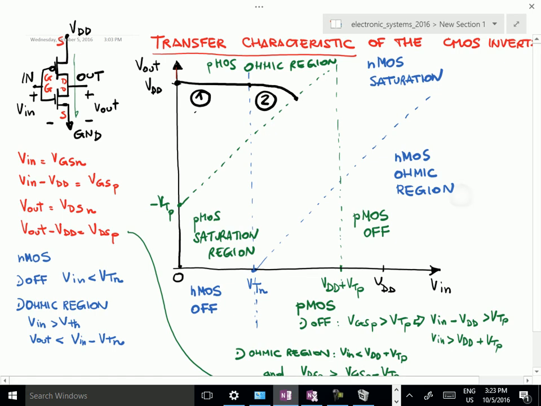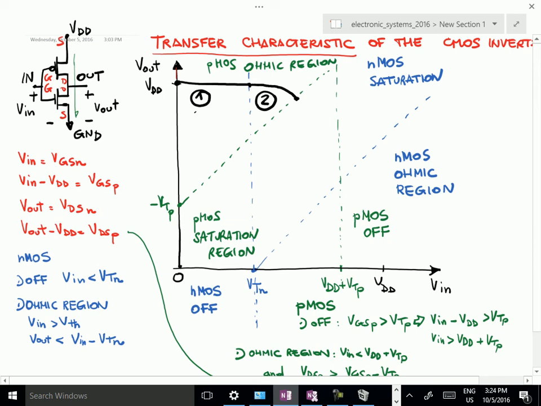Then I stop here because here something different happens. When we cross this line, the PMOS goes from the ohmic region to the saturation region. So from a qualitative point of view, nothing changes. Both the PMOS and the NMOS are conducting.